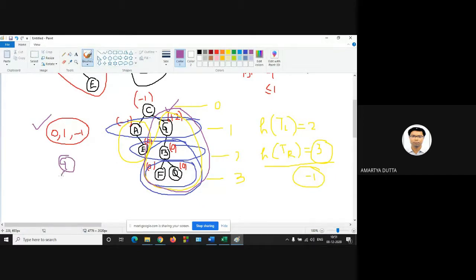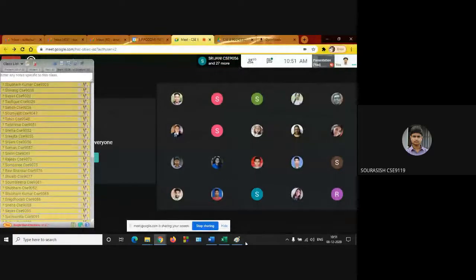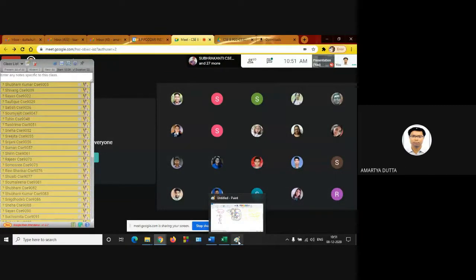G, its left child is present, and then its children are F and Q. So in this case, HTL minus HTR is +2. Okay, so this is not an AVL tree. Any question, please ask me. If you have any questions, please clarify it.